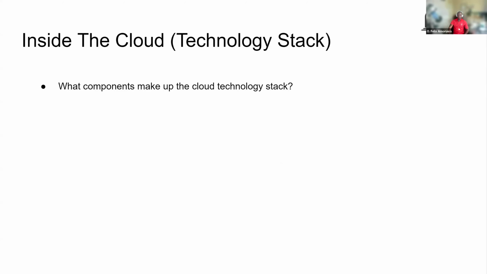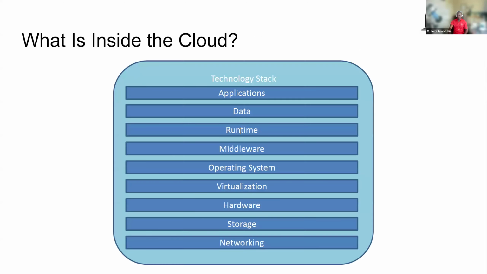So let's take a look at some of the components that make up the cloud technology stack. Specifically, we talked about just the compute, the single compute system and storage system. Generally speaking, you can think of the different layers in the cloud, starting from the networking layer through storage, hardware, virtualization, operating systems, middleware. You have a runtime layer, and then a data layer, and then applications.